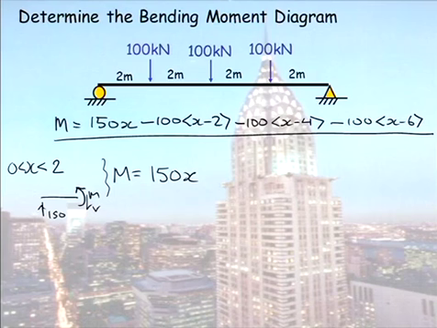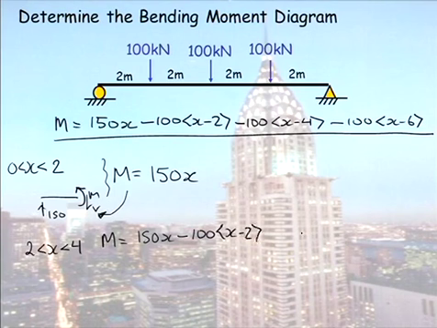Can you see that? And if you look at your free body diagram, can you see that's exactly what you would have got? When x is between 2 and 4, my bending moment is equal to 150x minus 100(x minus 2).